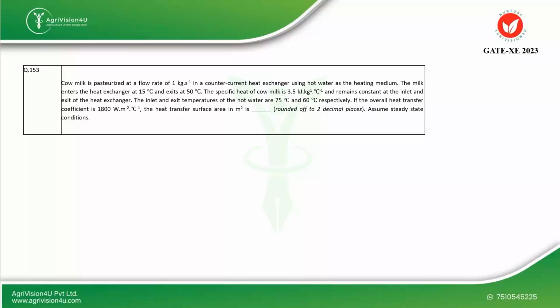Next, the last question. Cow milk is pasteurized at a flow rate of 1 kg per second in a counter-current heat exchanger using hot water as the heating medium. The milk enters the heat exchanger at 15 degrees Celsius and exits at 50 degrees Celsius. The specific heat of cow milk is 3.5 kJ per kg per degree Celsius, and it remains constant at the inlet and exit of the heat exchanger.